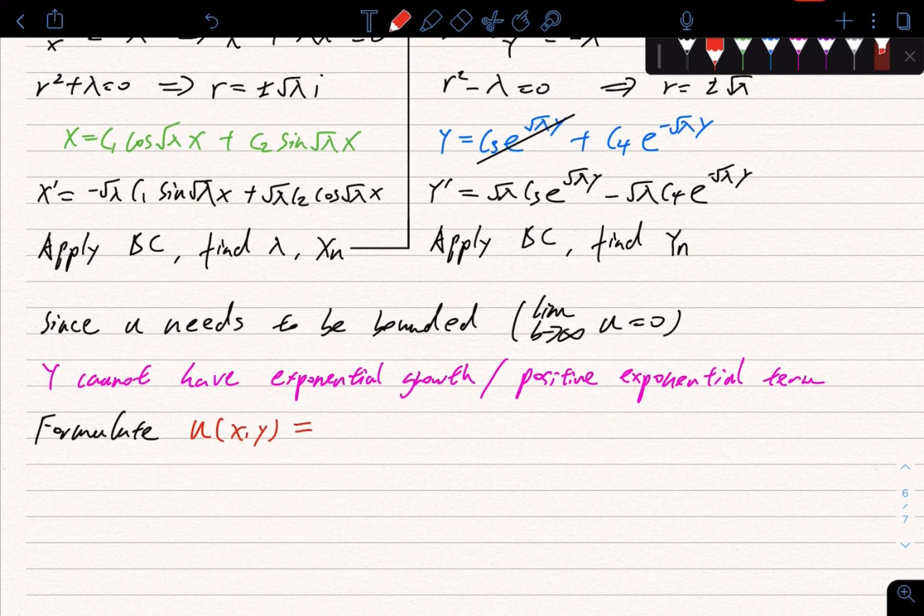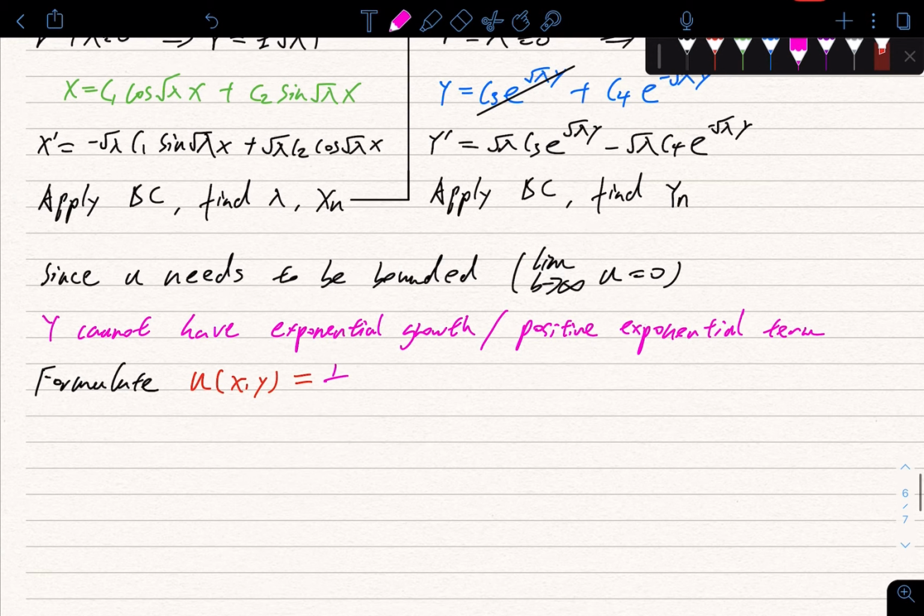That will give us one half a0 plus the infinite series of n equals 1 of a n, x n and y n.